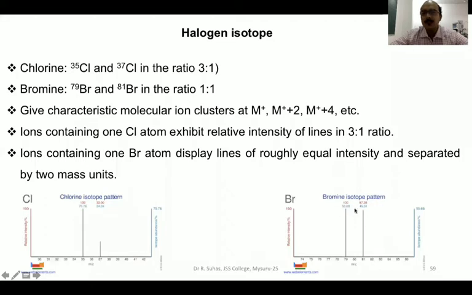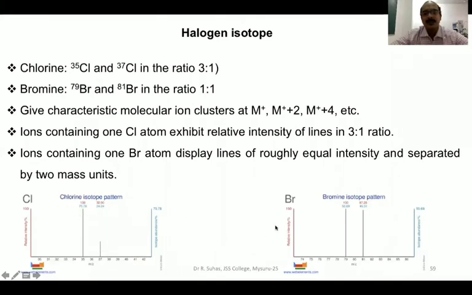Bromine has two isotopes, 79 and 81. 79 will be 50.8, whereas 81 will be around 49.2, and roughly I can say that it is 1:1 intensity. This is from the 79 isotope of bromine, and this is the 81 isotope of bromine. So this will be the bromine isotope pattern, whose intensity ratio will be approximately 1:1, and the chlorine isotopic pattern will be 3:1.